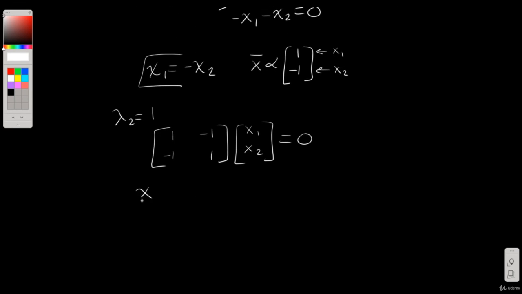And in this instance, we have x1 equaling x2. And so here we have the case where the eigenfunction is proportional to, not 1 and minus 1, but just 1 and 1, where this is x1 and this is x2.